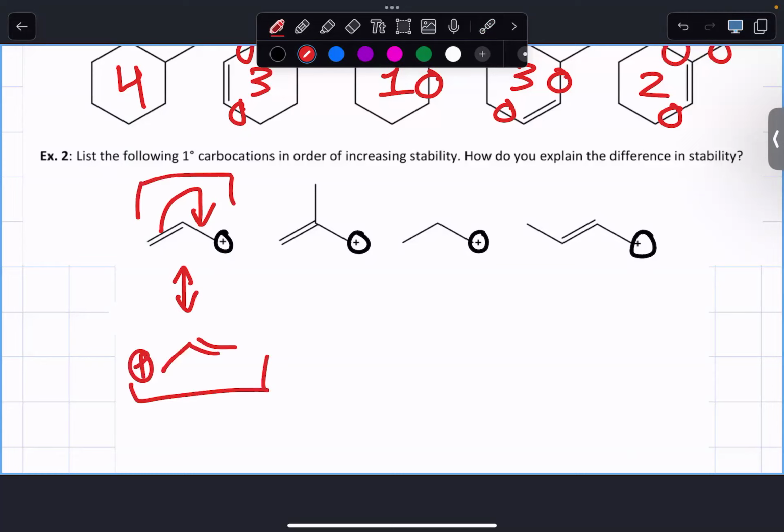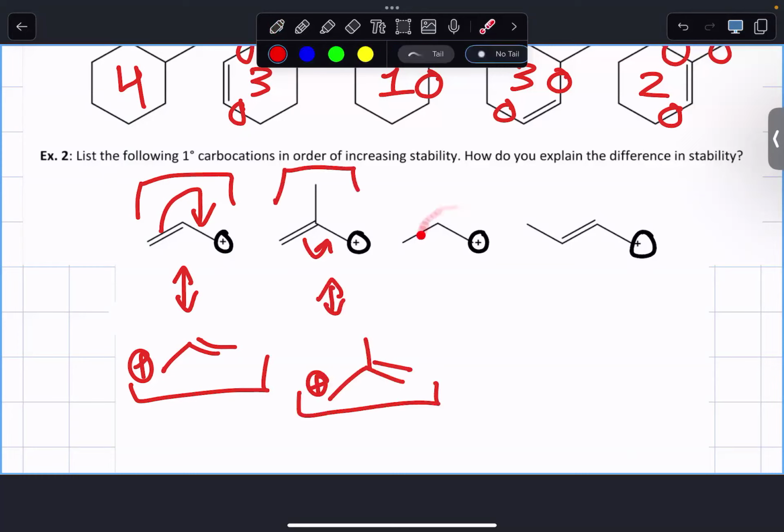Same thing here. We could do resonance, moving that double bond there, creating a positive charge here. This here cannot do resonance. That is just a primary carbocation with no conjugated system nearby, no resonance there. This one can do resonance, so let's draw that resonance structure out.